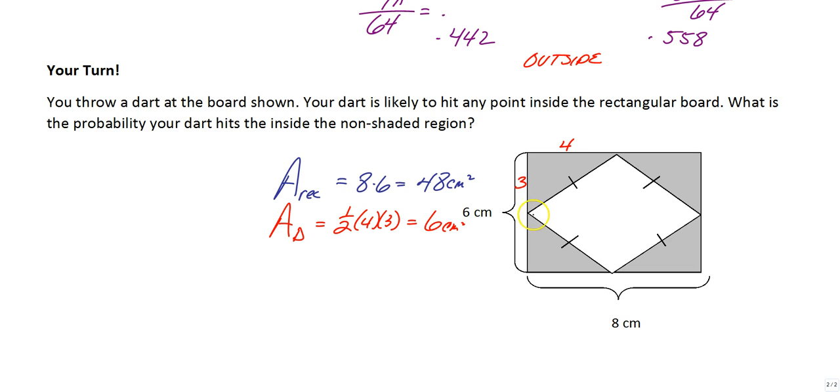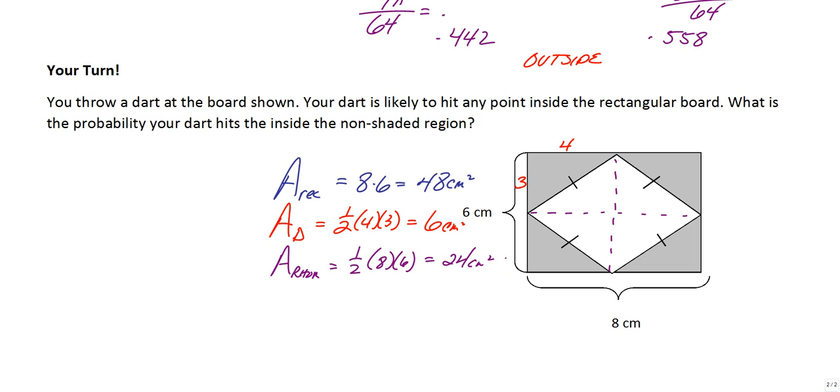You also could have done the inside, which is a rhombus. The area of a rhombus is 1/2 of diagonal 1 times diagonal 2, and you end up with 24 centimeters squared.